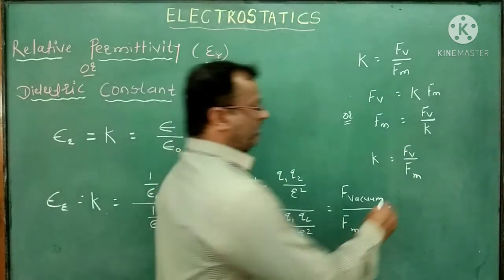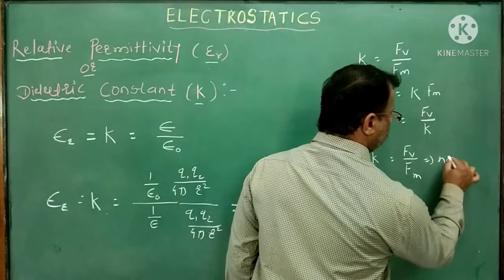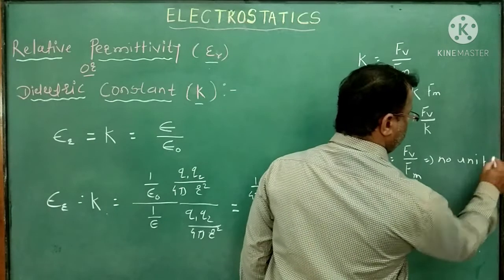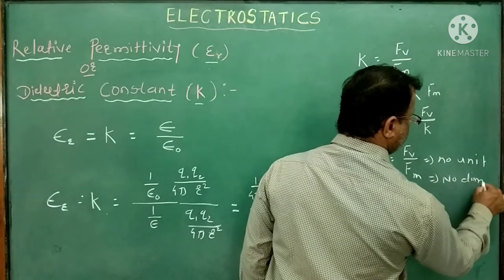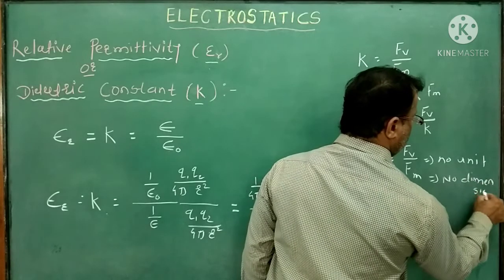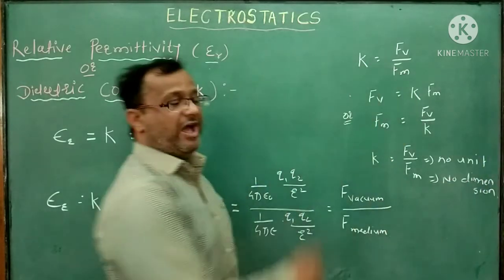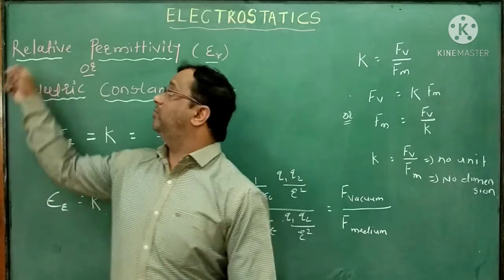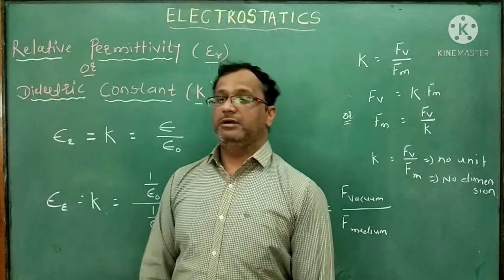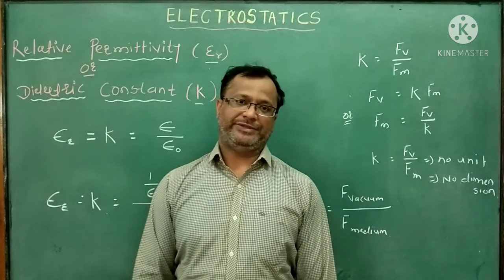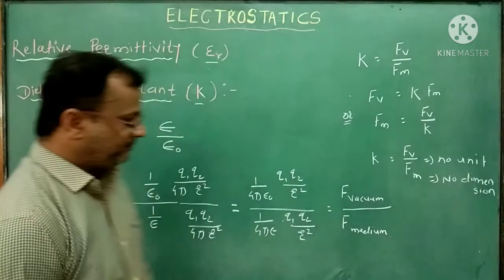So there is no unit and no dimension for the relative permittivity or the dielectric constant.